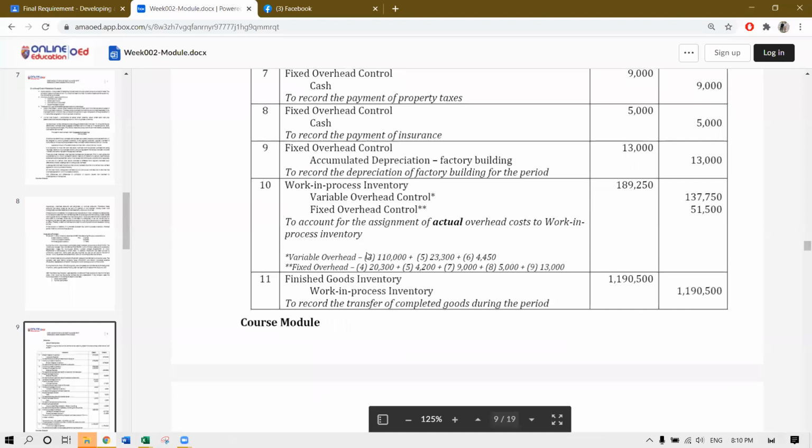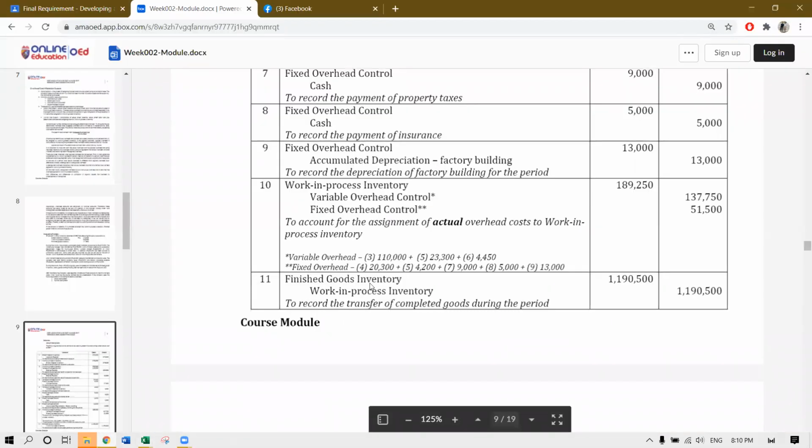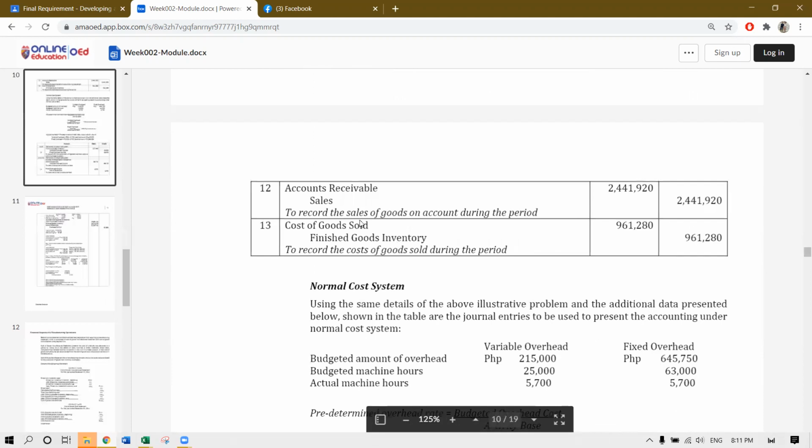Yan. Finished goods inventory, kapag ginbalhin na hiya to the finished goods. So ang work in process na is credited, ayan. Ginbalhin na hiya. And then finished goods inventory is debited. Amo nga nadugnan. Yan hi. Amay niya nga portion. Cost of goods manufactured. Nadugnan. Okay.